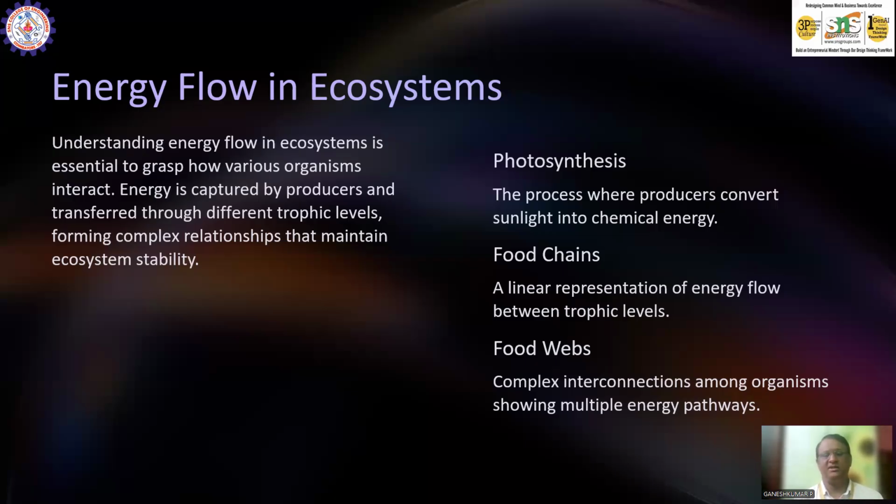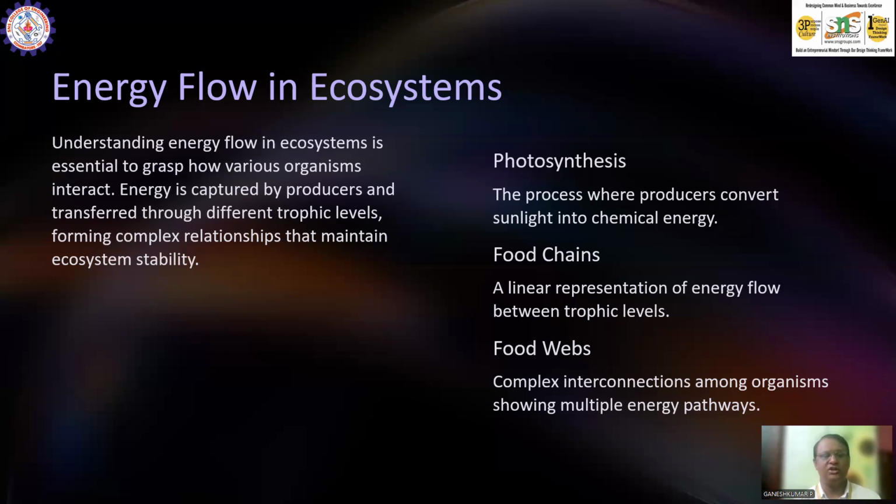And what is a food web? It is a complex interconnection among multiple energy pathways. That is, a grasshopper takes the grass, and suddenly a frog will come there, a snake will come there, and the food chain will develop into a food web.